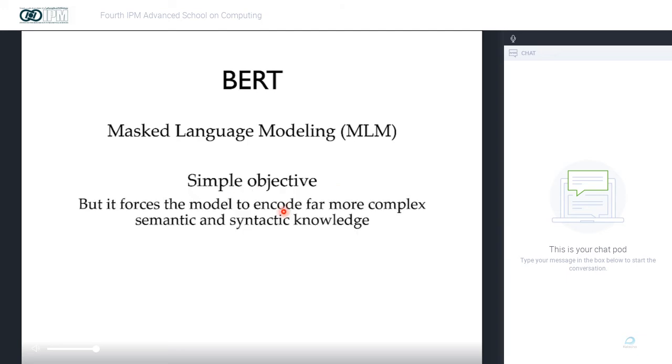And it is very interesting that with such a simple objective, the model is able to encode far more complex semantic and syntactic knowledge, of which we are going to see a few examples in the rest of this tutorial, which makes it very interesting.